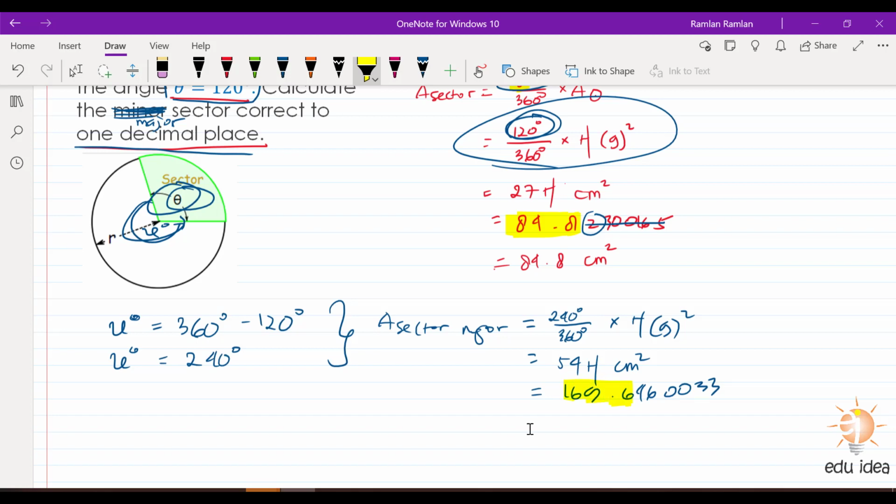Then consider the next number after that, which is this 4. If it's less than 5, you get rid of everything. If it's 5 or more, then you add 1 to the previous number. Because this is 4, which is less than 5, we get rid of everything over here. So it's just 169.6 in centimeters squared.